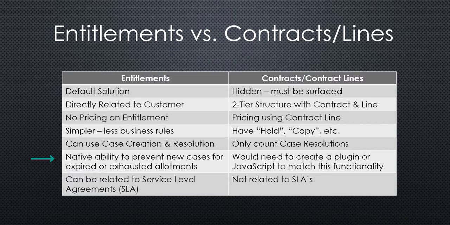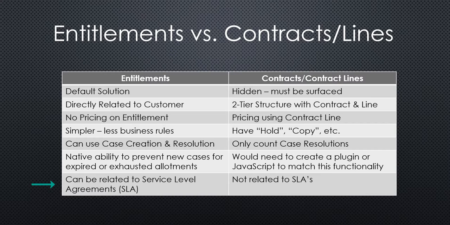Entitlements feature a native ability to prevent new cases from being created by the system if the allotment or entitlement is expired or exhausted. There is no such function for contracts and contract lines. You could affect that by creating a plugin or JavaScript to match that functionality, but you'd have to do that.